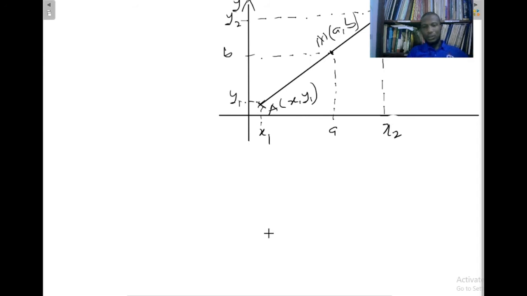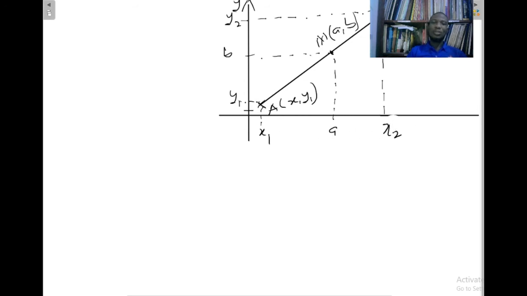All right, then doing the same thing we did with the numbers, I'm going to work out to get a formula. This is what we are saying. We are saying that if this point M is in the middle of this line AB, then practically, assuming we are using a ruler or anything, the length x1 to A will be the same as the length A to x2.